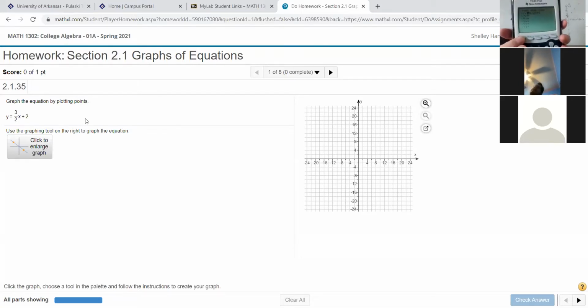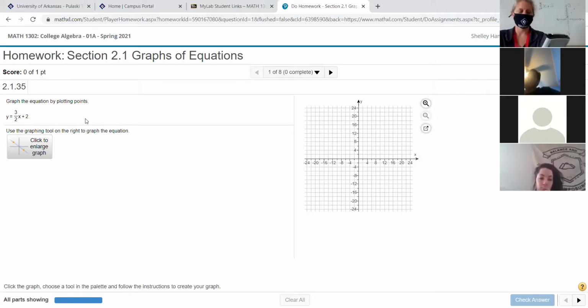Go to your Y equals button and clear it out. I'm going to type in 3/2x plus 2. I'm going to hit graph just because I want to eyeball it and see what it should look like once I graph it.